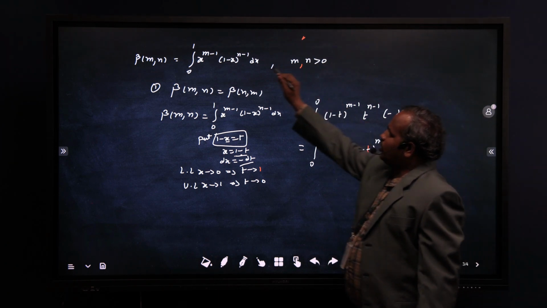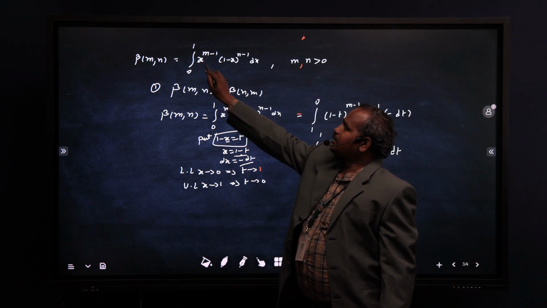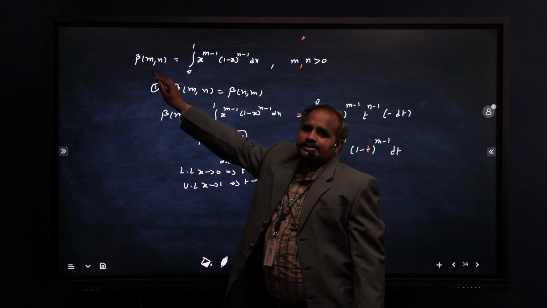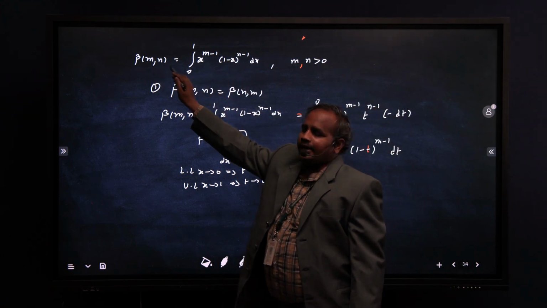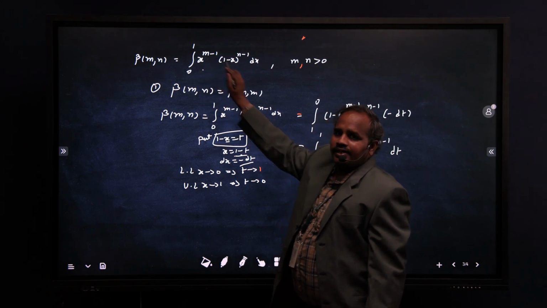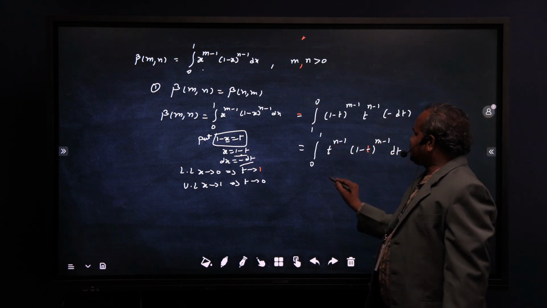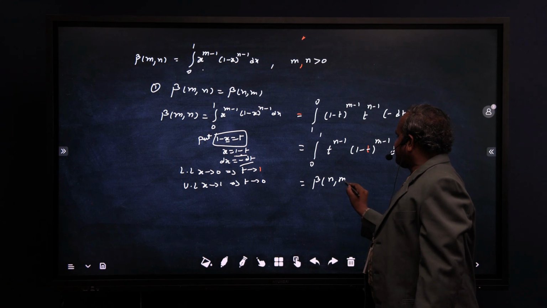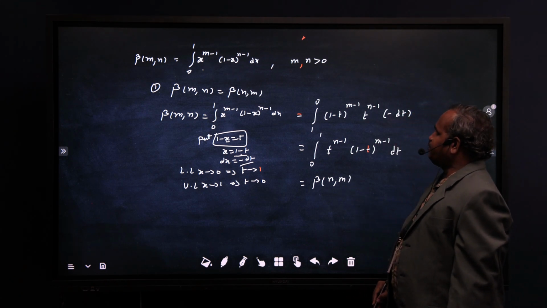By the definition, what is the definition? Integral 0 to 1 x power m minus 1 into 1 minus x power n minus 1 dx is represented as beta of m comma n. Here, in place of x there is a variable t, and in place of m there is the value n. Observe and compare these two. By using the definition of beta, this one can be written as beta of n comma m.